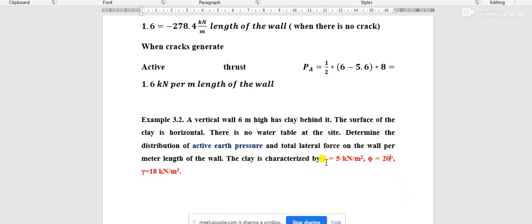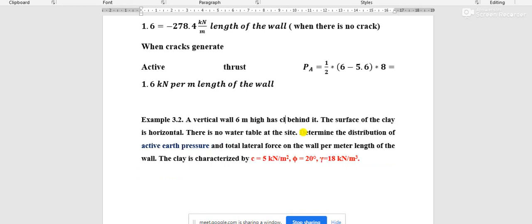That means here the characteristics of soil is having C value and phi value both, and the soil may be named as C-phi soil.